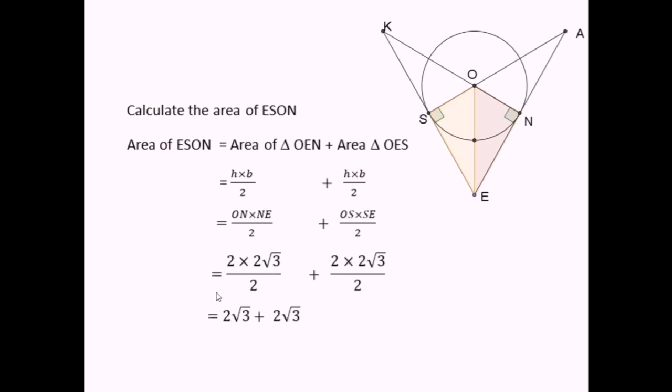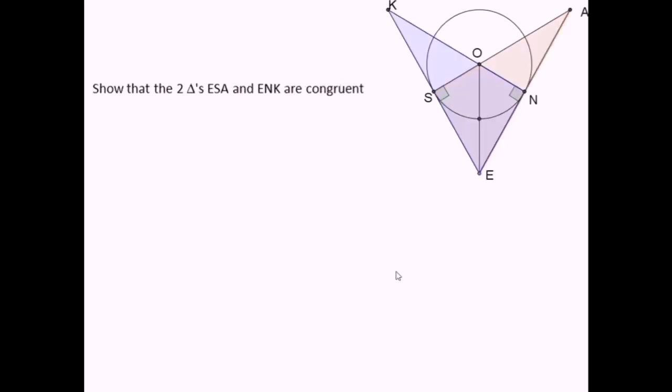Note that 2 and 2 can cancel since we have multiplication. 2 radical 3 plus 2 radical 3, we can get 4 radical 3, adding up same radicals, and the unit is centimeter power 2.